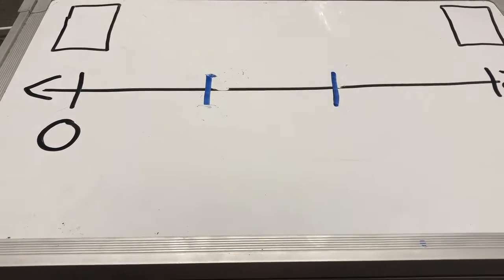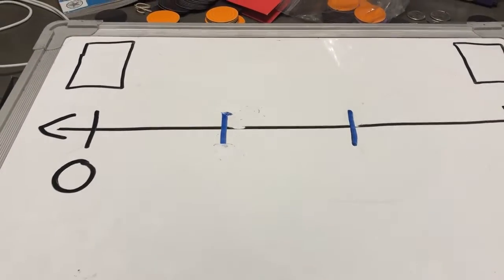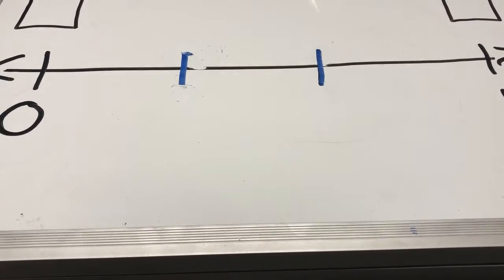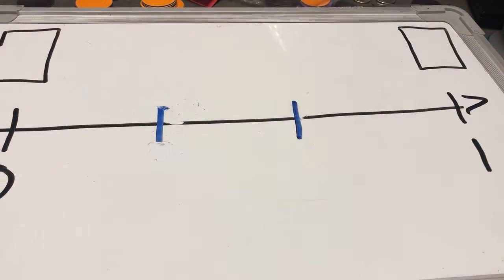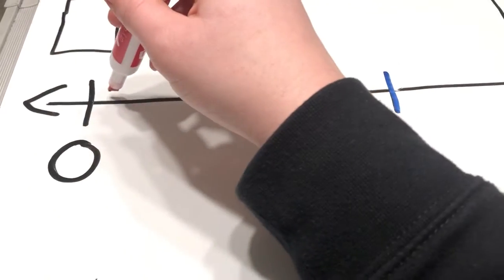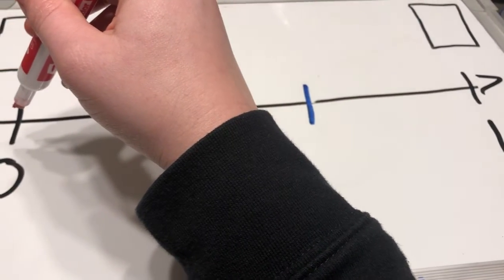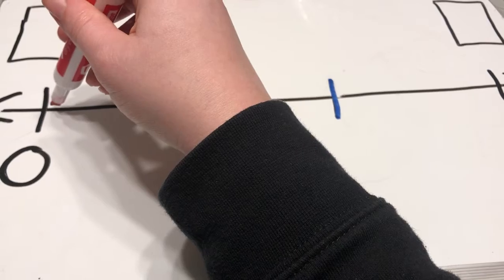Now we need to look at how many parts are in our whole. So we count. We don't count this line, remember? That tells us where we start. We start counting our parts.